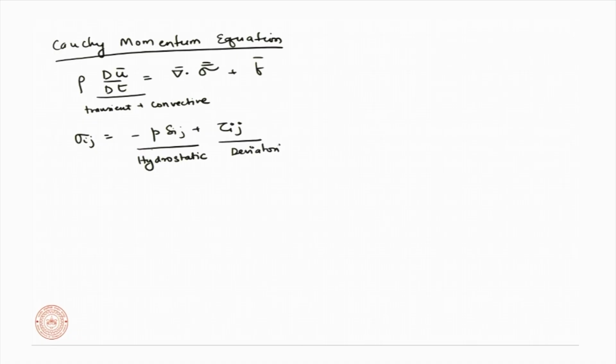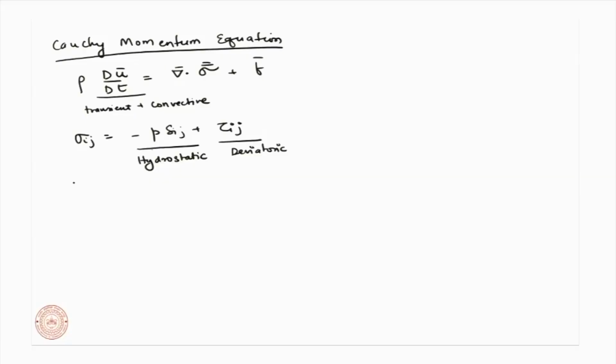We have talked about hydrostatic and deviatoric in detail when we did the solid mechanics lectures. So, if you go back a few lectures, you will find the concepts for these. The deviatoric will only cause shape change without volumetric changes, and the hydrostatic will cause volumetric change without shape change, right.